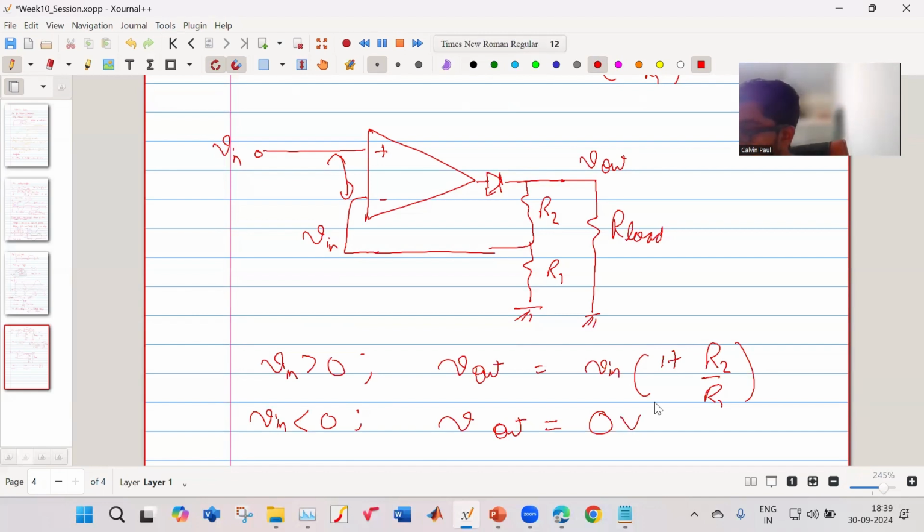So why do you think that happens? What could be the reason? The diode is reverse biased basically.